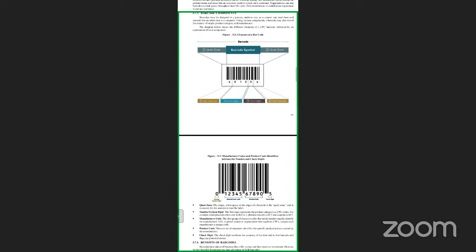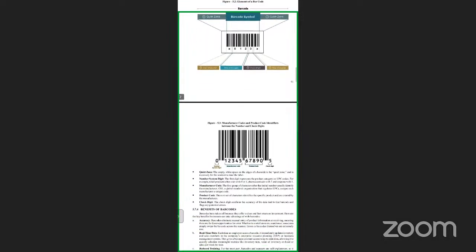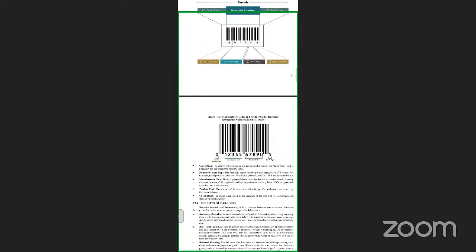And also you can see the manufacturer codes and product codes, identifiers between number and check digits. So here we have the quiet zone. The empty or white space on the edges of a barcode is the quiet zone, and it is necessary for the scanner to read the label. Actually, to read that, we need an empty space, that is the quiet zone.